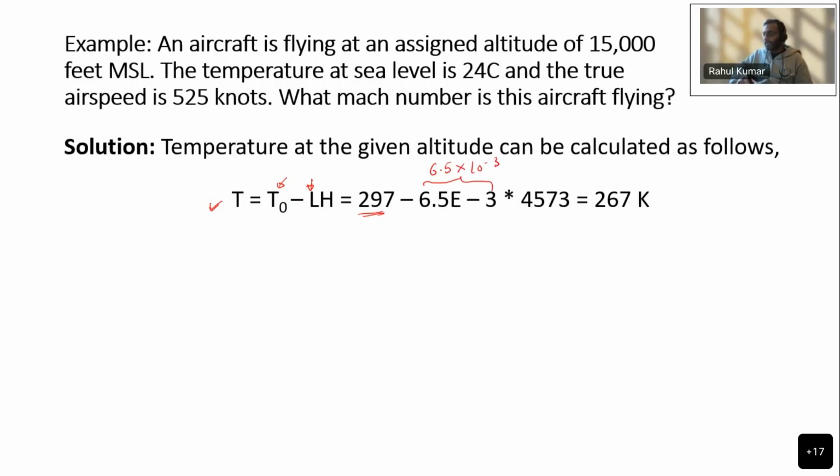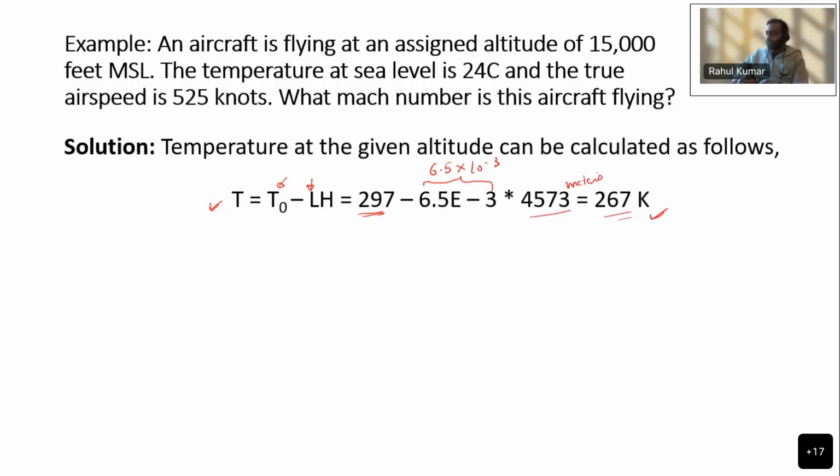And then you have the altitude. 15,000 feet, we have converted it into meters. Using all those values, if you calculate the temperature at 15,000 feet or 4,573 meters, it will come out to be 267 Kelvin.